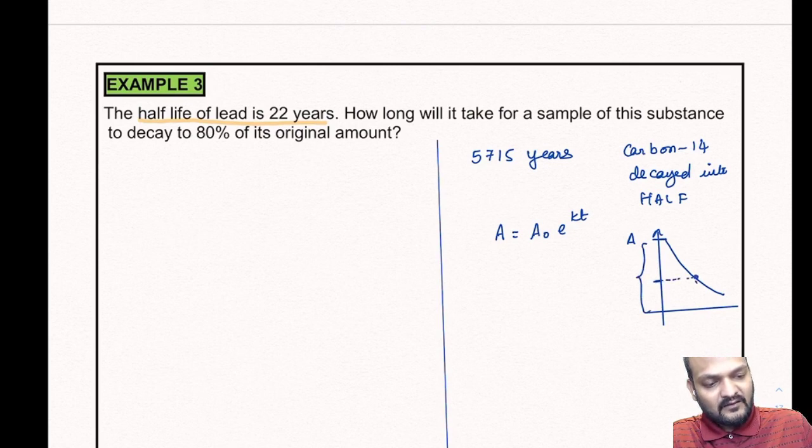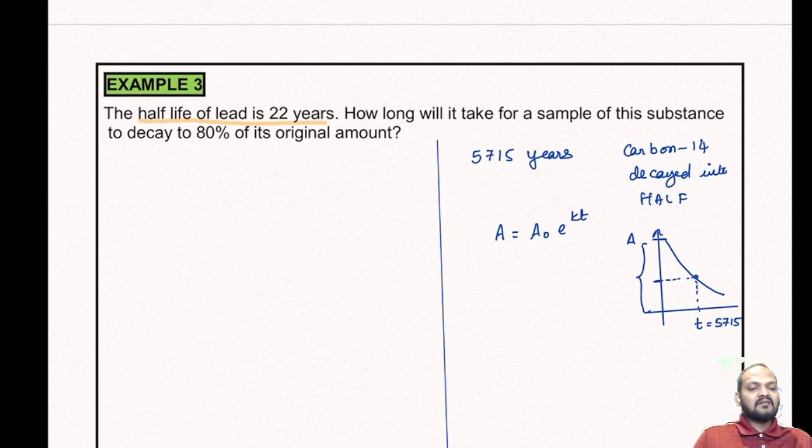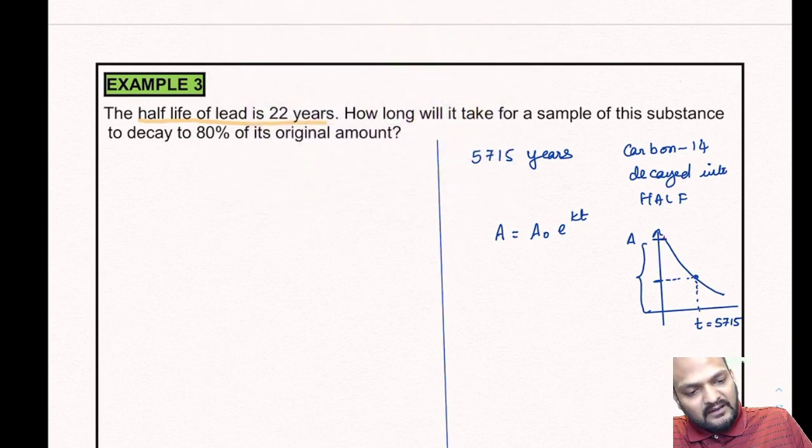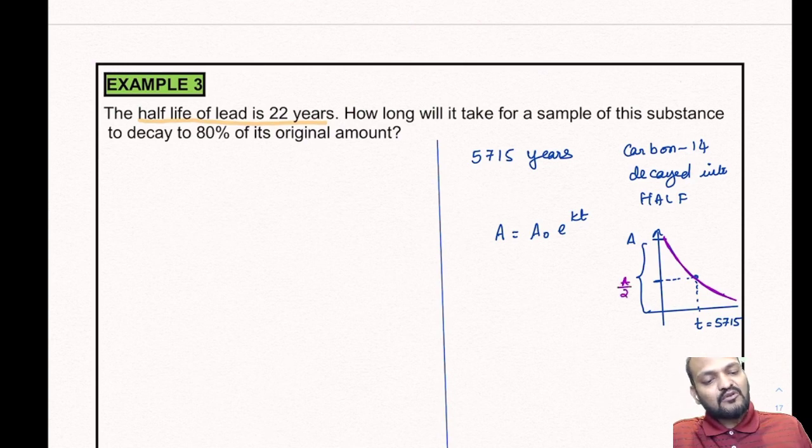The time that it takes to reach that is 5,715 years, right? That is the model. If this is the initial amount of carbon-14, this is going to be A over 2. For the amount of carbon to become half, it'll take 5,715 years.